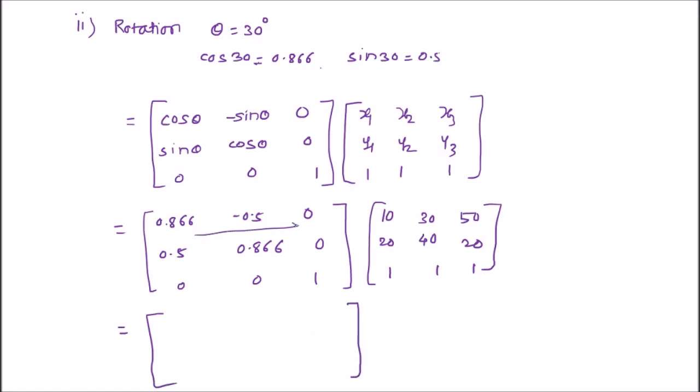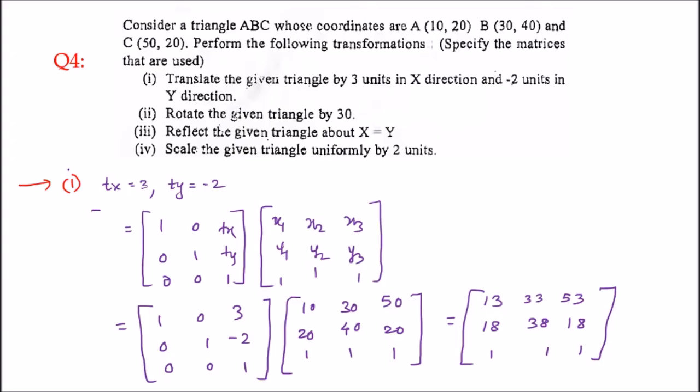If you multiply those two matrices, you will get the values as minus 1.34, then 5.98, then 33.3, then 22.32, 49.64, 42.32 and then 1 1 1. So this is how we get the values after rotating by 30 degrees. It is not specified whether it is clockwise or anti-clockwise, but we have considered it as anti-clockwise.